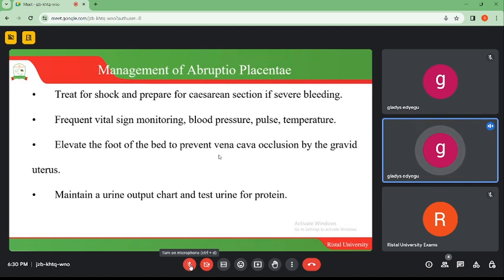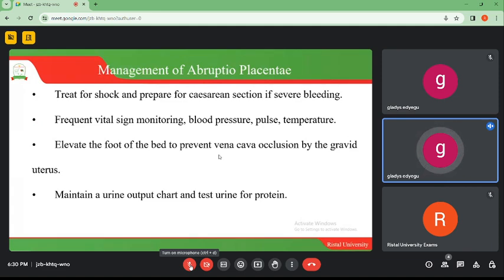So when it is compressed, these mothers can end up in shock. So you make sure that you lift the foot of the bed, and when you lift it, it helps to reduce that pressure on the vena cava and the brain.